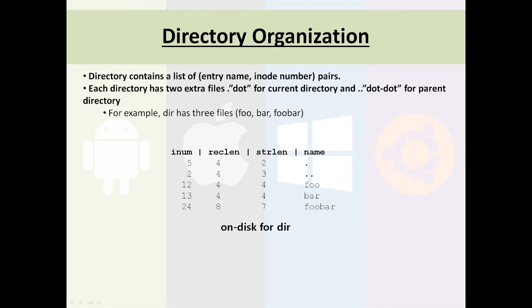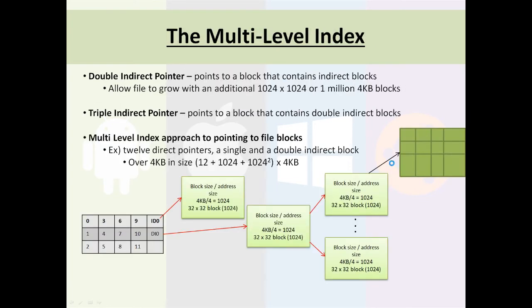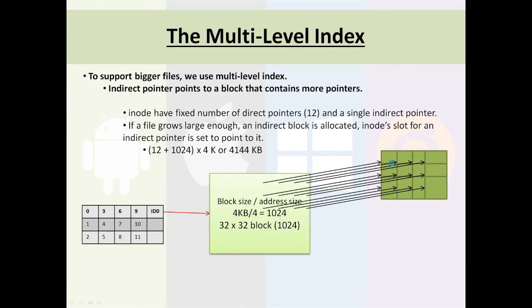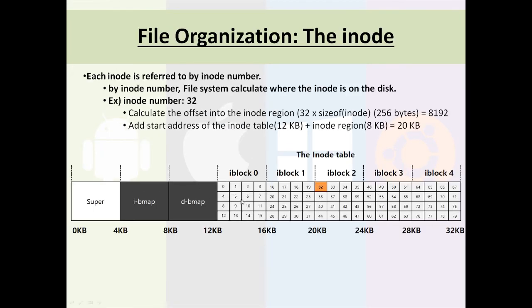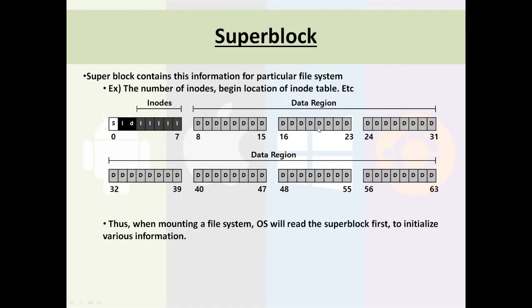So our on-disk structure remains basically unchanged. If I go back a couple slides, when incorporating directories, this structure remains unchanged. You'll have your inodes that point to data regions, and whether it's a file or a directory, it works in the same way.